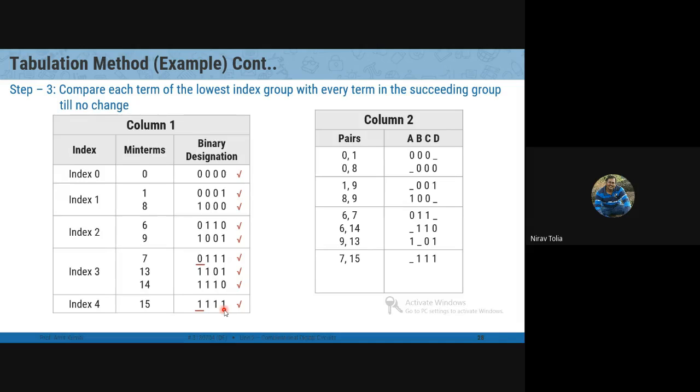So the bit which differs by 1, we have to put a dash there.